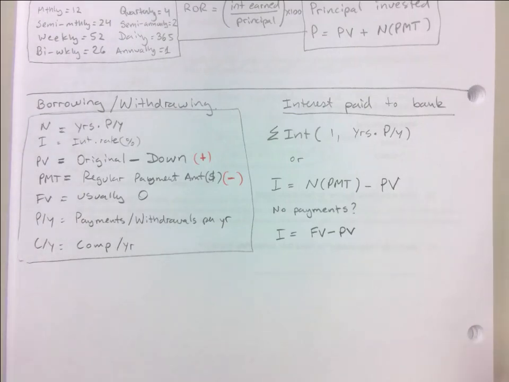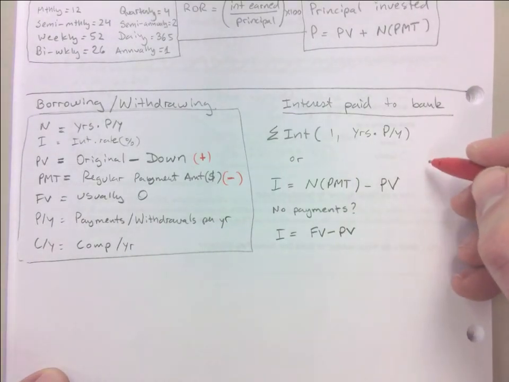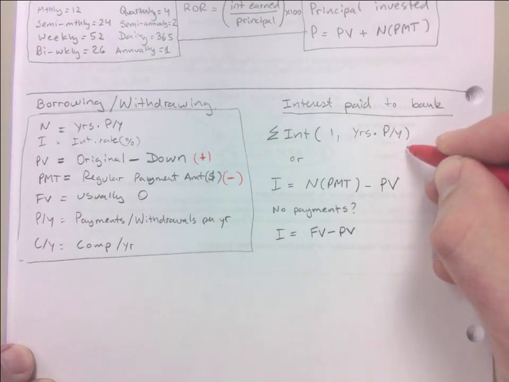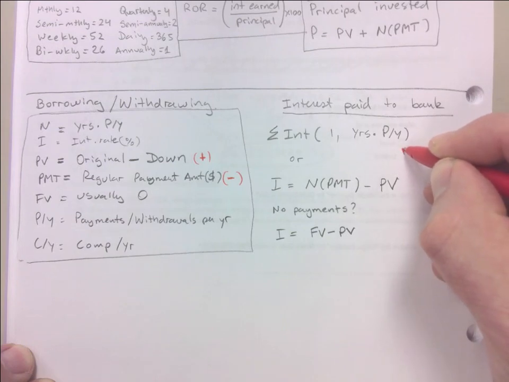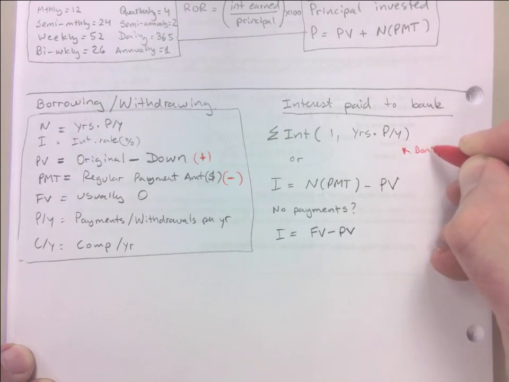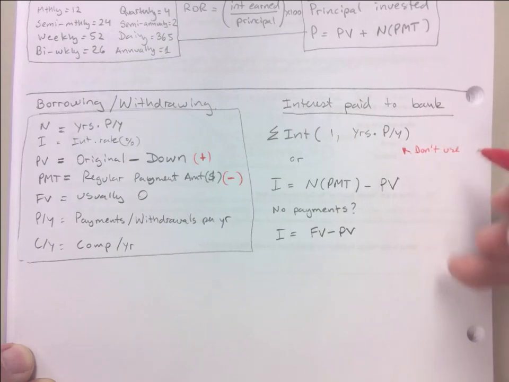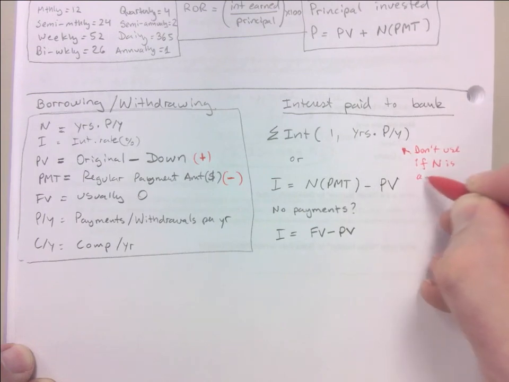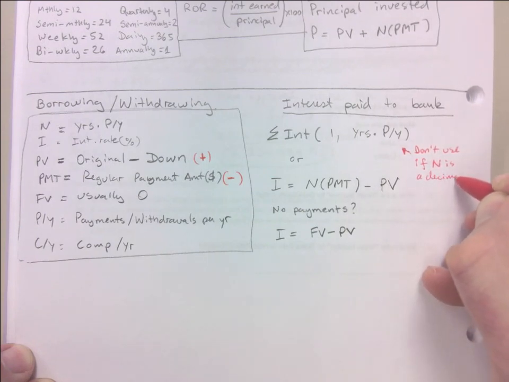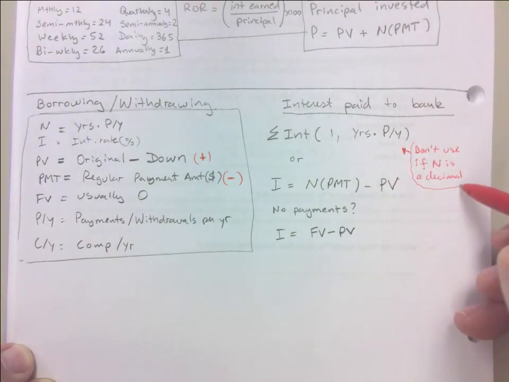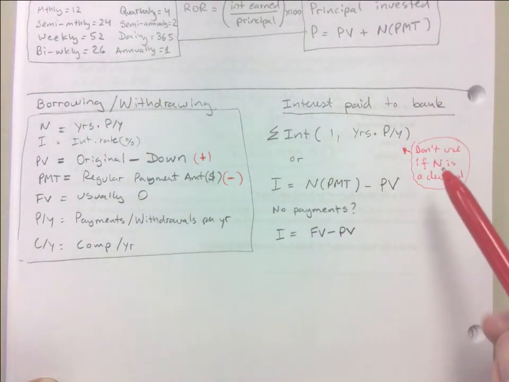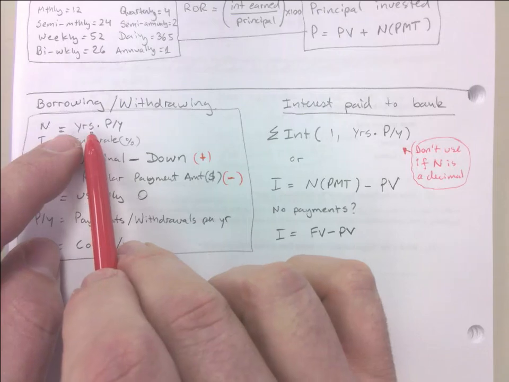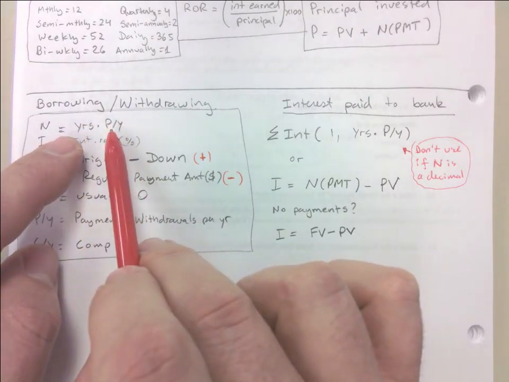And I will say this one more time, somewhere on the side. Don't use this one, okay? If you're trying to find the total interest that was paid for the loan, and N will be a decimal, right?